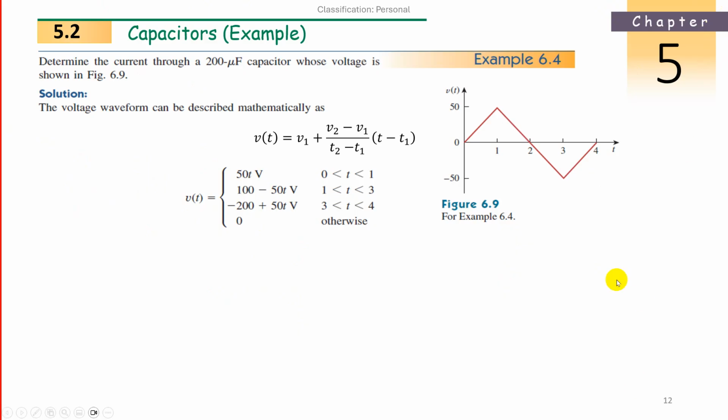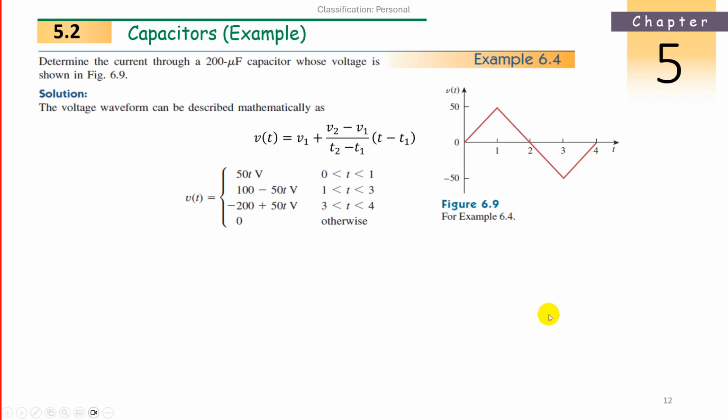Now here plus 50, and here minus 100 divided by T2 minus T1. T2 is 3, T1 is 1, so 3 minus 1 is 2. So minus 100 divided by 2 is minus 50. Here plus 50, and minus 50 times (t minus T1).